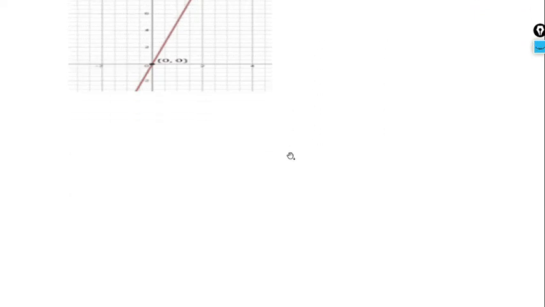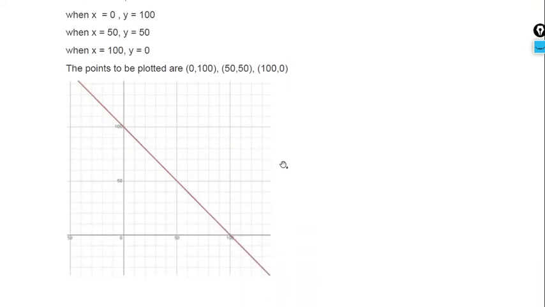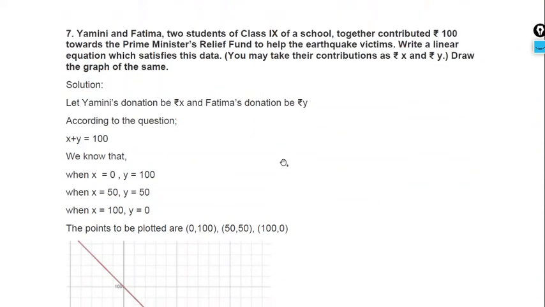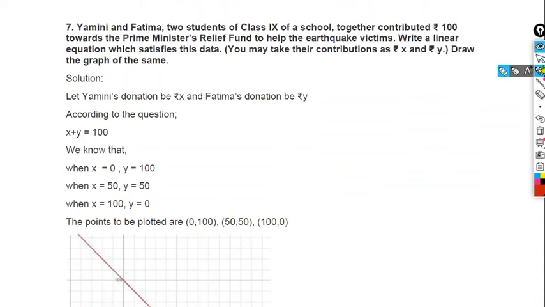Now we'll move to another question. Two more questions now. Yamini and Fatima, two students of class IX of a school, together contributed 100 rupees towards the Prime Minister's Relief Fund to help the earthquake victims. Very nice thing.